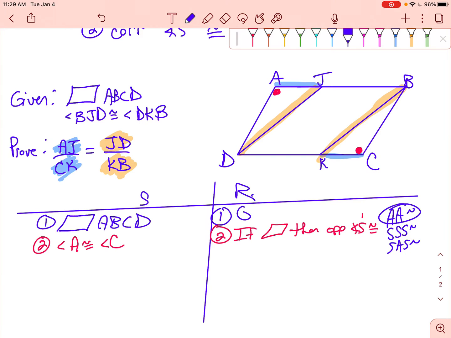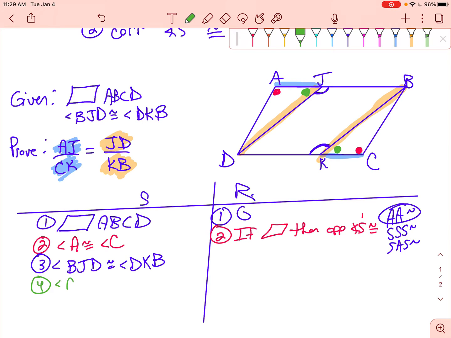Let's write down our next given information. Angle BJD is congruent to angle DKB. So they're telling me that this outside angle right here is congruent to this outside angle right here. Well, because those angles are congruent, their supplements have to be congruent.